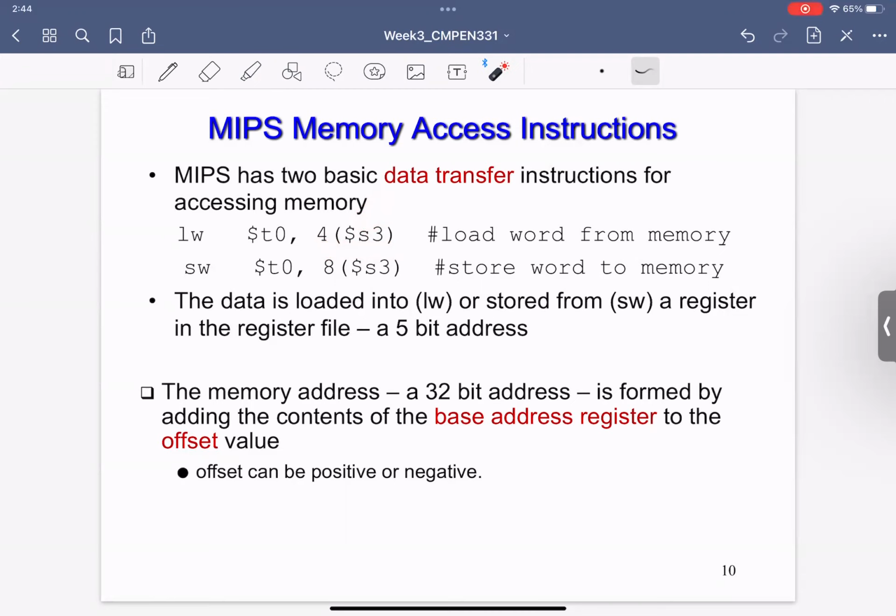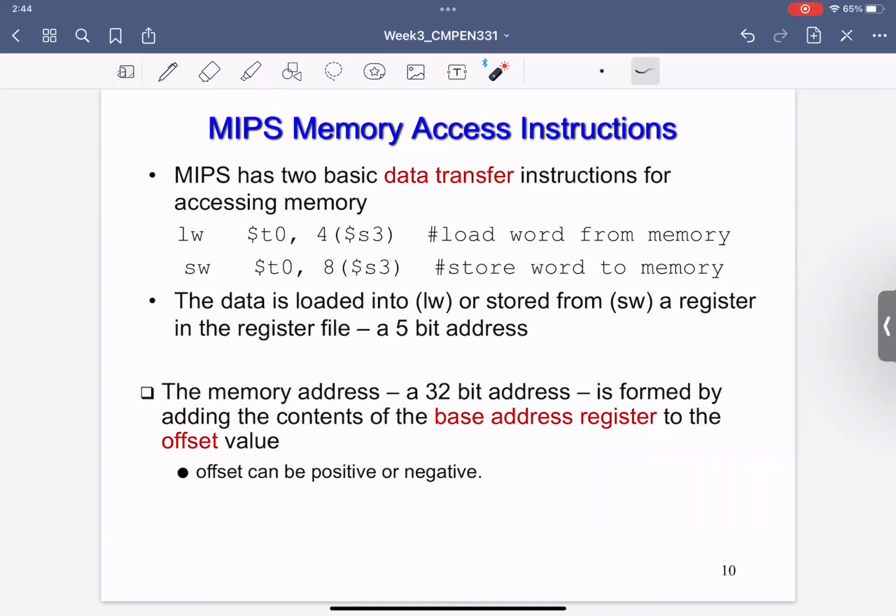Meaning that, for instance, I would like to tell you to go to a certain particular home address. But instead of telling you exactly the home address, suppose the home address is 200. But I would like you to go to 204. But I will not tell you explicitly 204. I will tell you 200, and then shift 4.